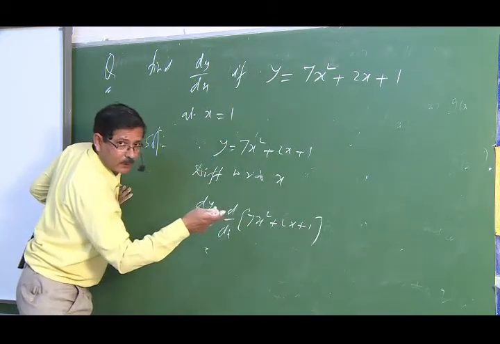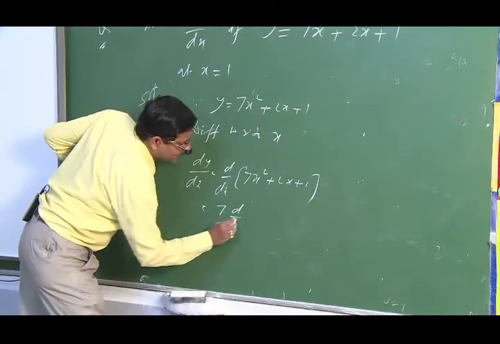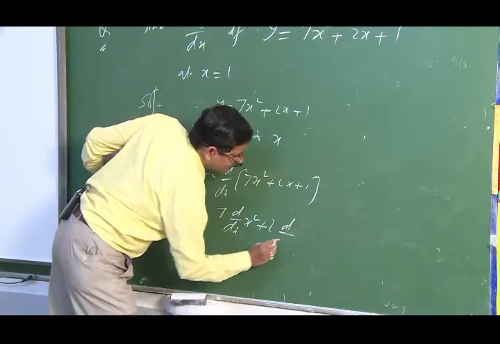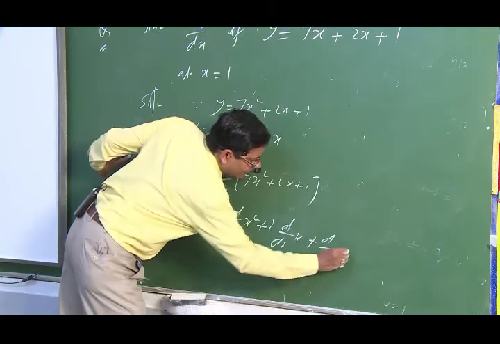Now apply the properties of the algebra of derivatives here. So this is 7 times d by dx of x square plus 2 times d by dx of x plus d by dx of 1.